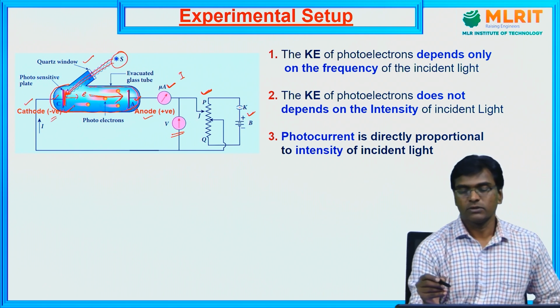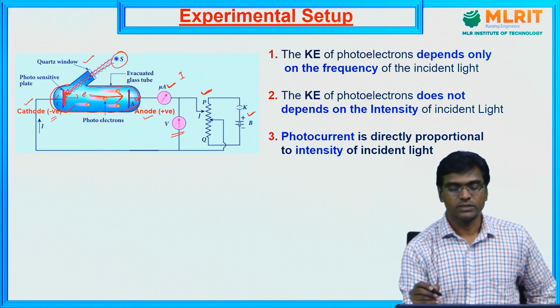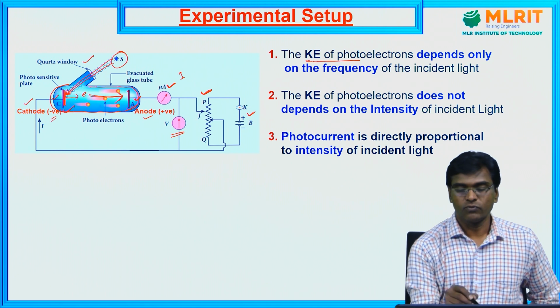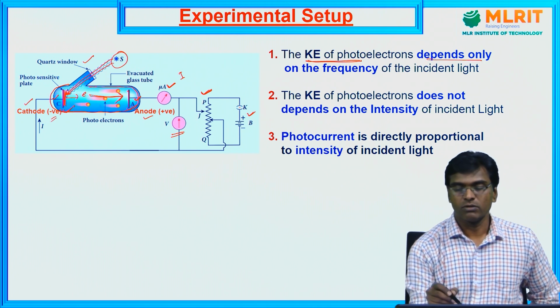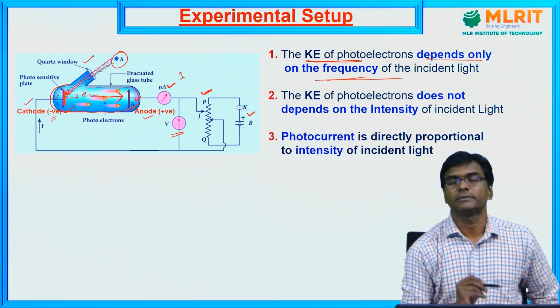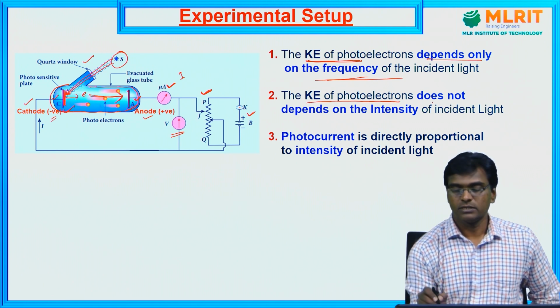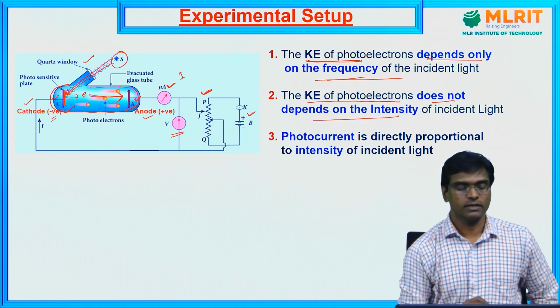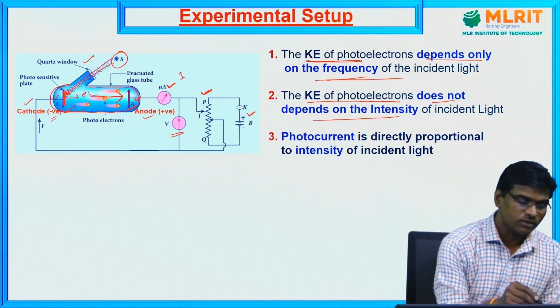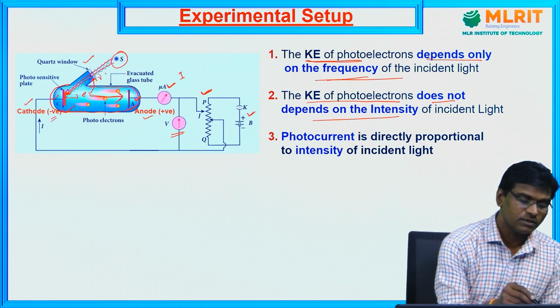Here you can see there are three important observations. The kinetic energy of the photoelectrons depends only on the frequency of the incident light. Second, the kinetic energy of the photoelectrons does not depend on the intensity of the light. The ejected electrons' kinetic energy depends on the frequency, not the intensity.